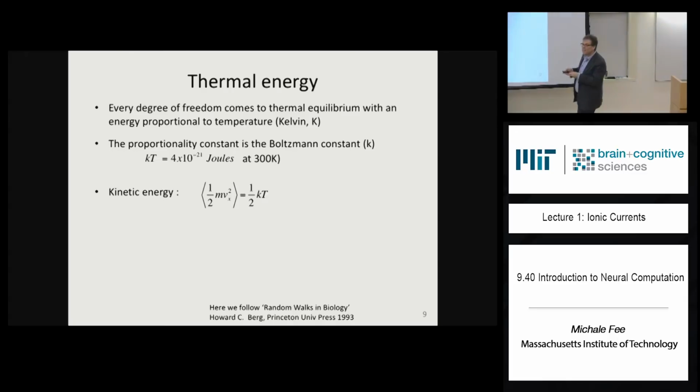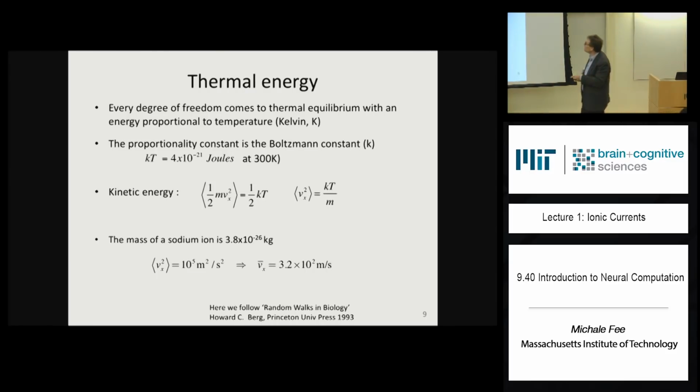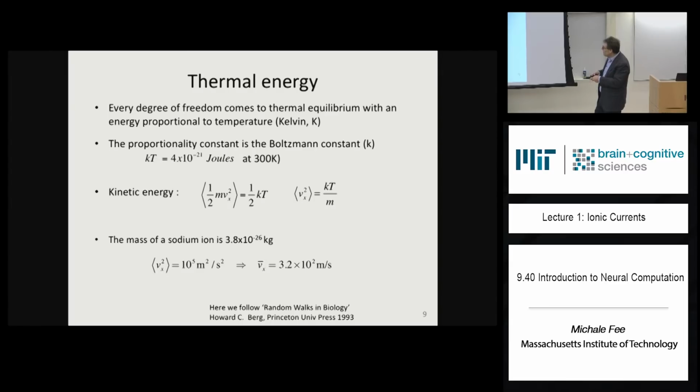Now we can work out how fast a particle is moving, for example, a sodium ion. You can see that the average velocity squared is kT over m. We just divide both sides by m, right? The mass of a sodium ion is this. So the average velocity squared is 10 to the 5 meters squared per second squared. Just take the square root of that, and you get the average velocity is 320 meters per second.